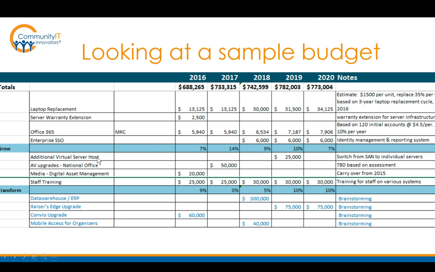So on that staff training, there's $25,000, $30,000 a year. This is a larger organization that we're looking at here, so that's a lot of money, I know. Well, it depends, but it probably is a bigger training budget than some of our smaller clients would have. It's not itemized, and I think that's typical.